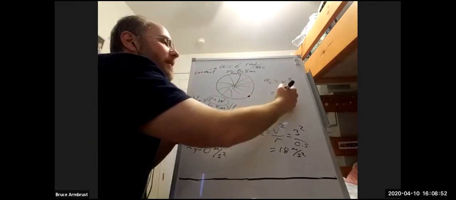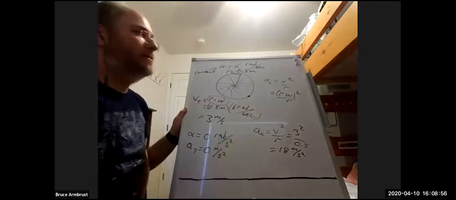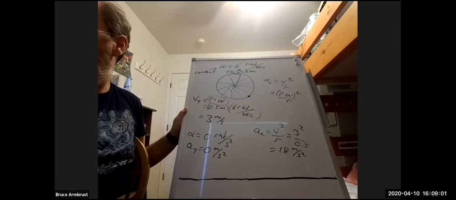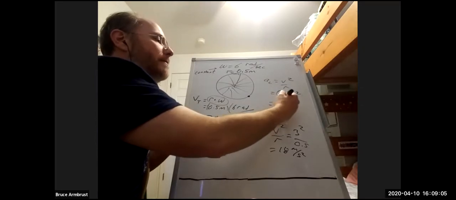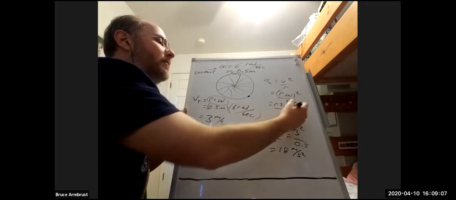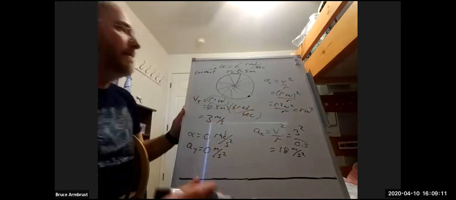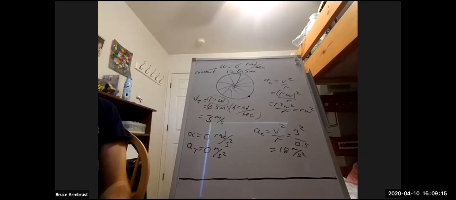We know v is r omega. So I can just throw that in there. So if I square that, I'm going to get r² omega² over r. One of those r's cancels. And so we get r times omega².